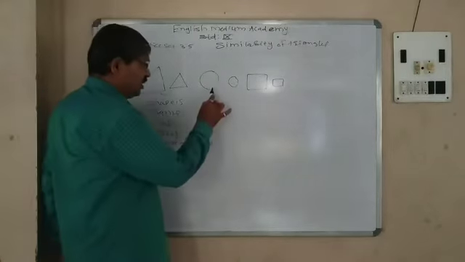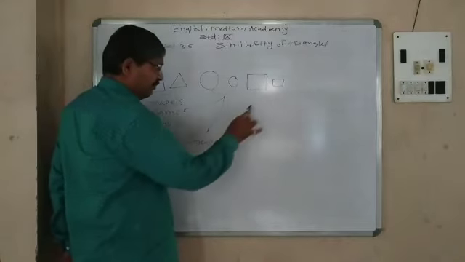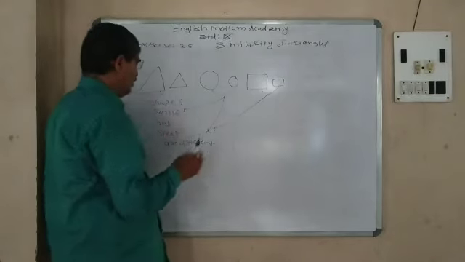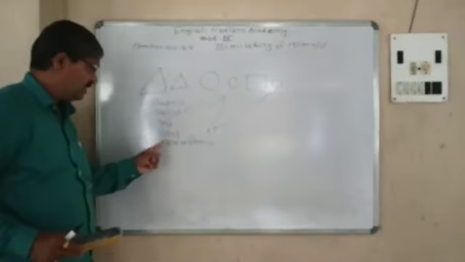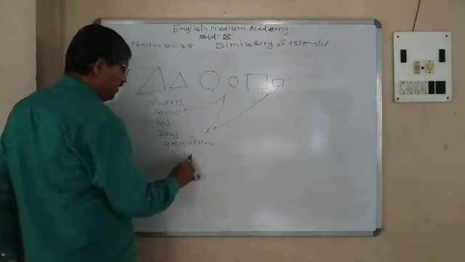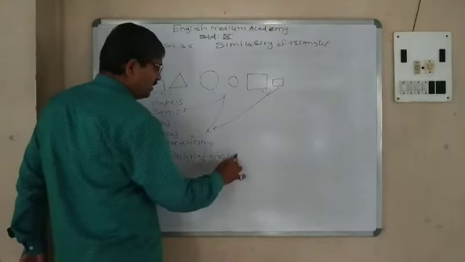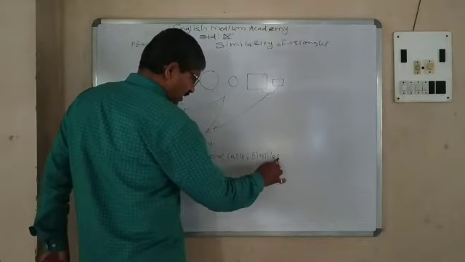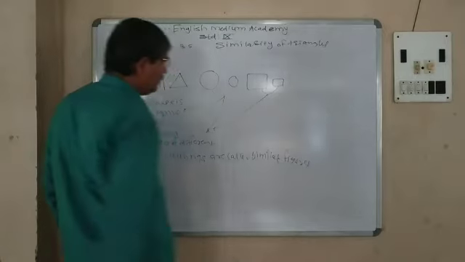Here also the shape is the same, but the sizes are different. In the case of these two figures also, the shape is the same, but the sizes are different. Such figures are called similar figures. Do you understand? Have any problem?